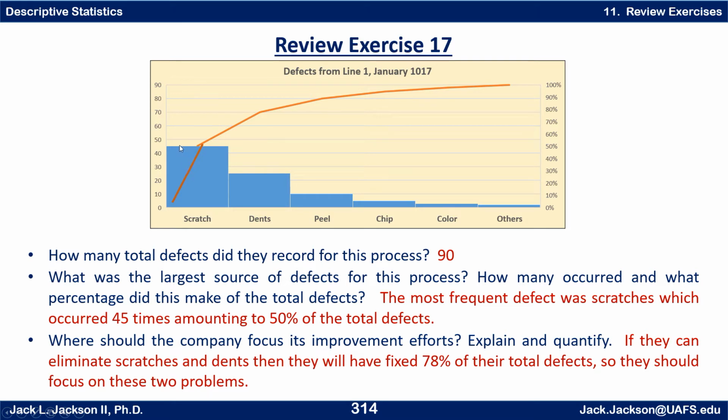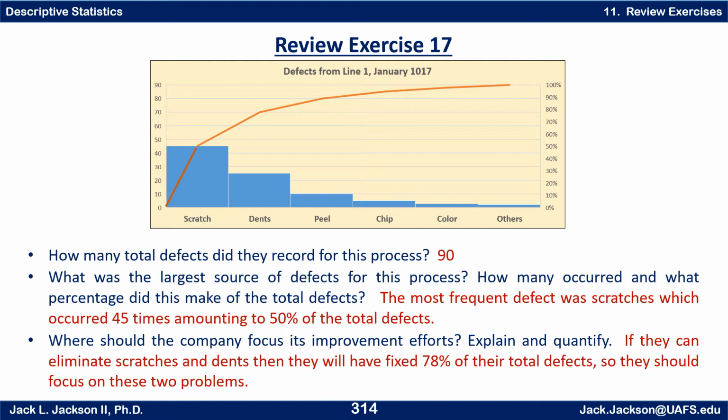That would be scratches, which accounts for about 45 times, or exactly 50% of the total defects. So the most frequent defect was scratches, which occurred 45 times, amounting to 50% of the total defects.